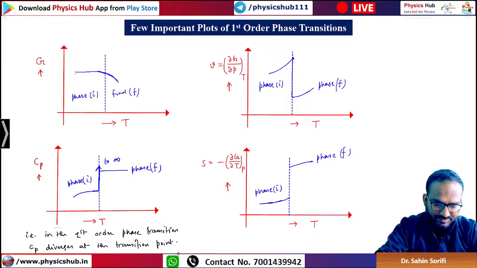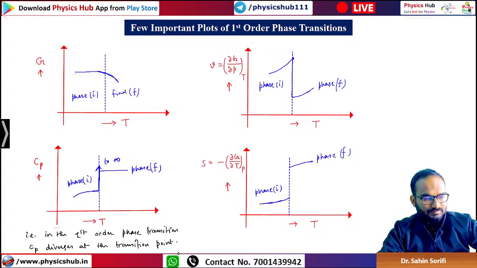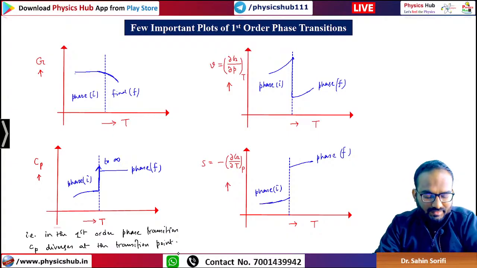Cp diverges at the transition point. Clear?